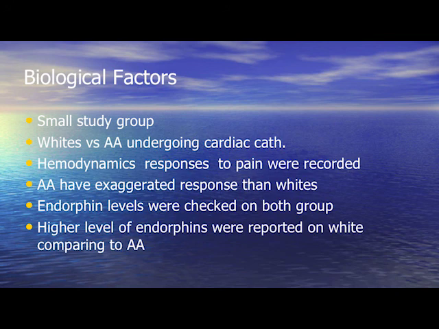They found that the African Americans had an extreme response to the pain from the cath, with hemodynamic change. The Caucasian and white Americans had much less response to the cath pain. And they found that the white Americans had higher levels of endorphins compared to the African Americans. So they found this may be one of the reasons why white Americans are more tolerant to pain than others.